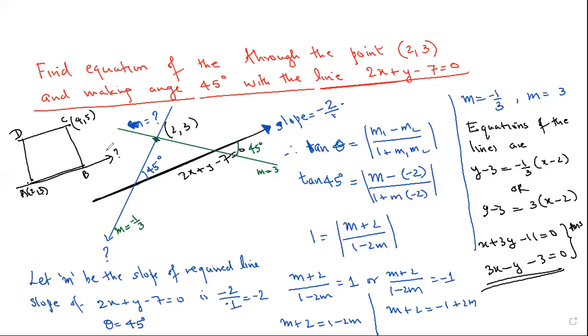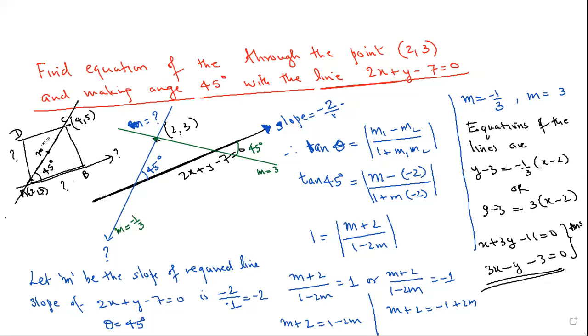You will find the slope of AC, and then the diagonals are perpendicular bisectors, so the slope will be the negative inverse. But I did not ask you to find the equation of the diagonal. I'm asking you to find the equation of the sides. So the angle between them would be 45 degrees.